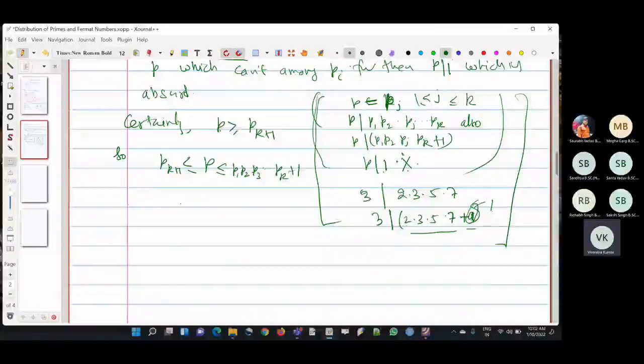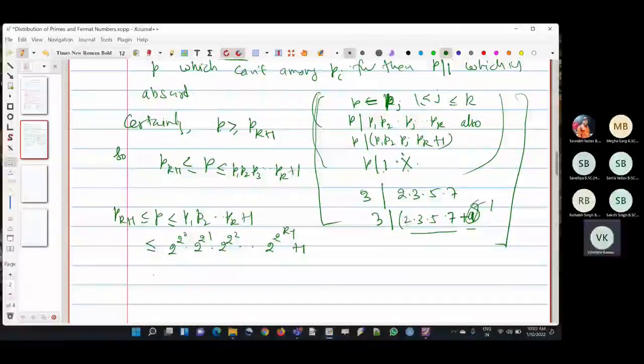So pk plus 1 is less than or equal to p, which is less than or equal to p1, p2 up to pk plus 1, and this should be less than or equal to 2 to the power 0, 2 to the power 1, 2 to the power 2, continuing up to 2 to the power k minus 1, plus 1 here.